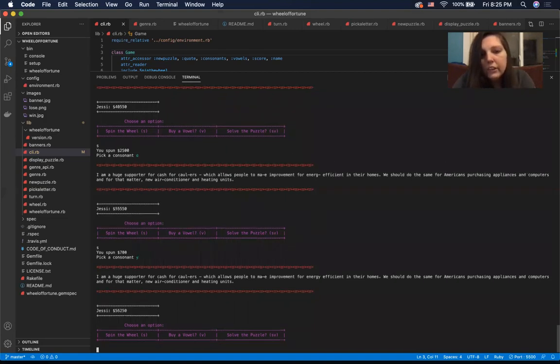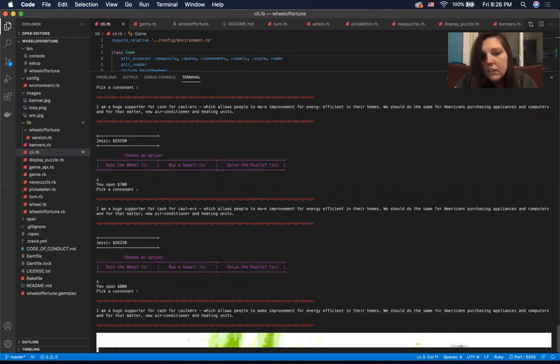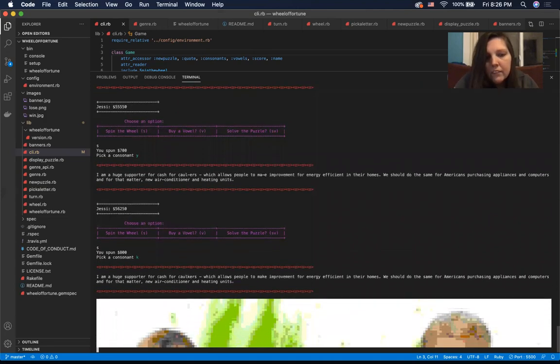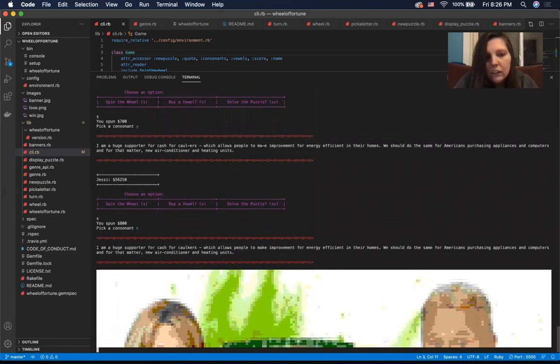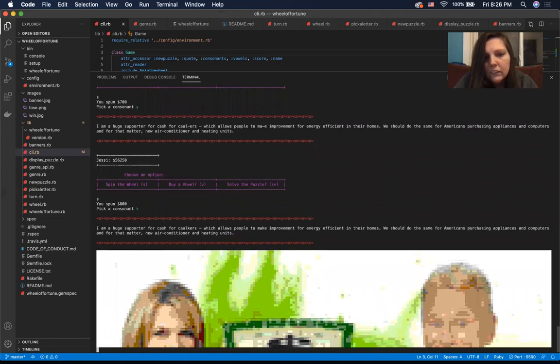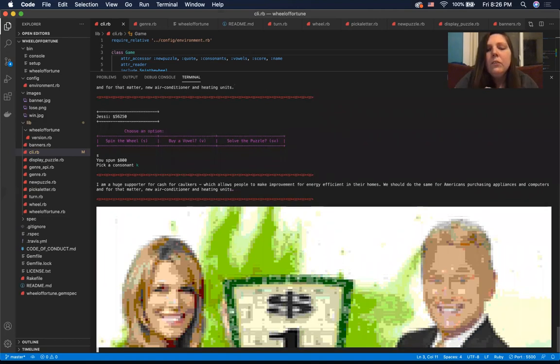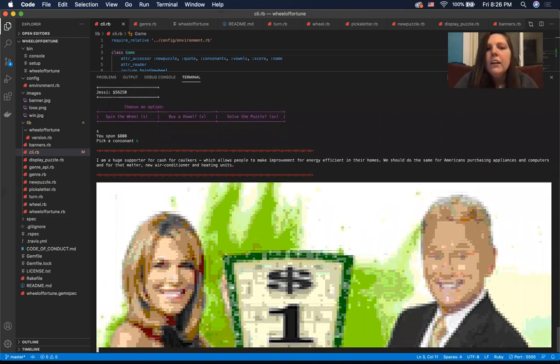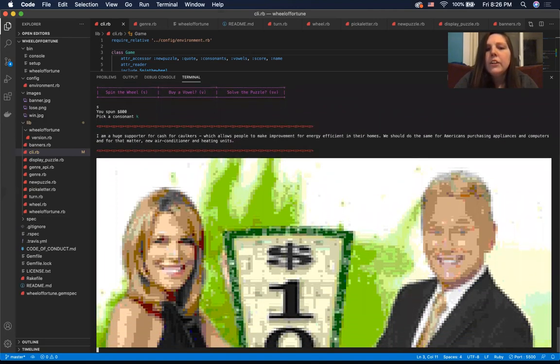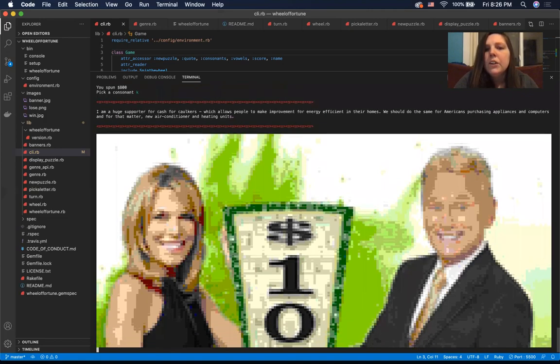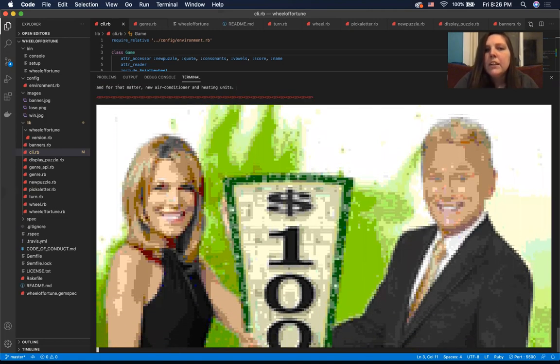I for energy. K for make. "For cash for caulkers." "I am a huge supporter for cash for caulkers, which allows people to make improvement for energy efficient in their homes. We should do the same for Americans purchasing appliance and computers."